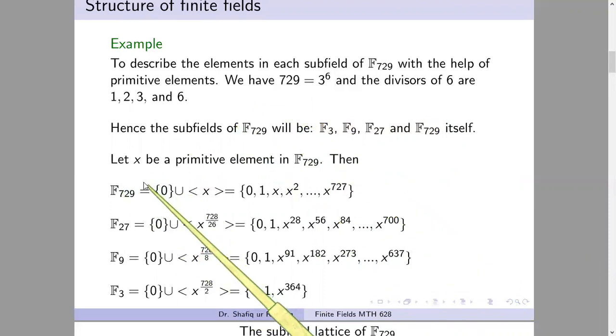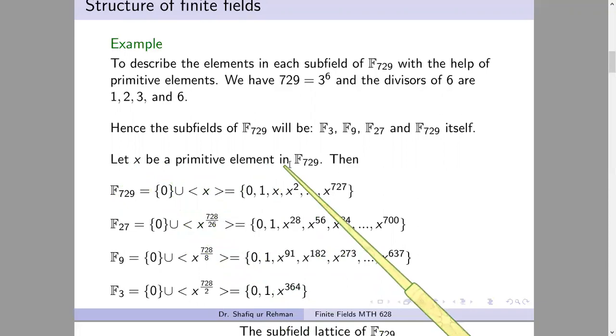We know that F729 must have some primitive element. Let x be its primitive element. Then we can write F729 equals 0 union the cyclic group generated by x. We separate the 0 from this cyclic part.